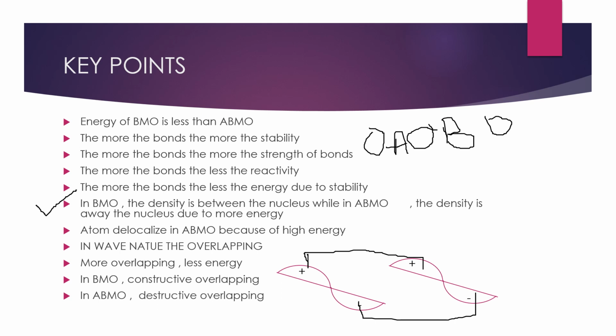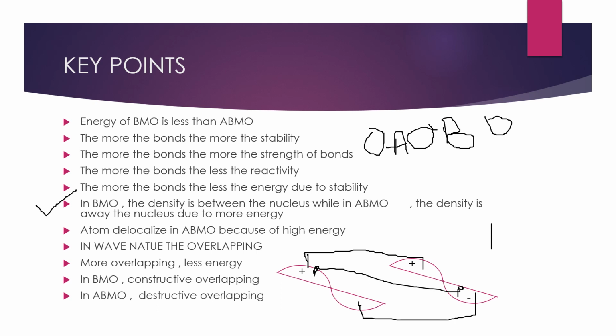And if there is positive terminal to negative terminal, it would be destructive overlapping. The more the overlapping, the less the energy, because all electrons would be stable. In a BMO there is constructive overlapping, in ABMO there is destructive overlapping.